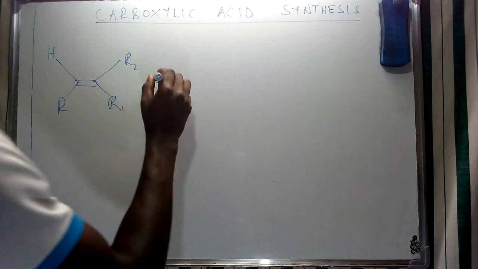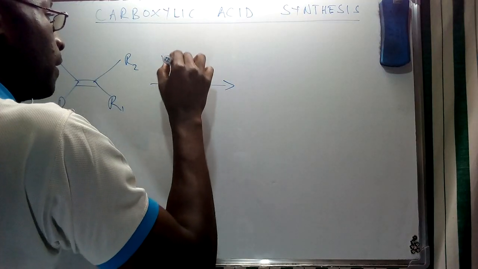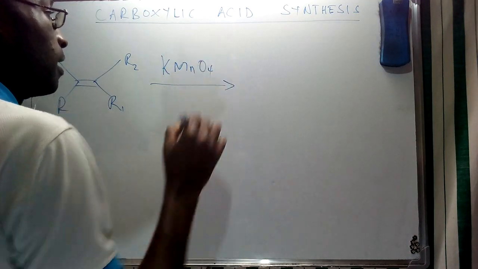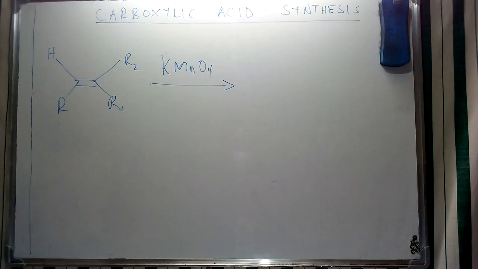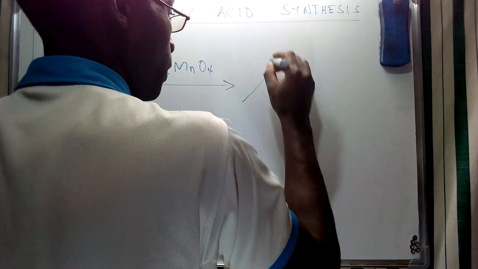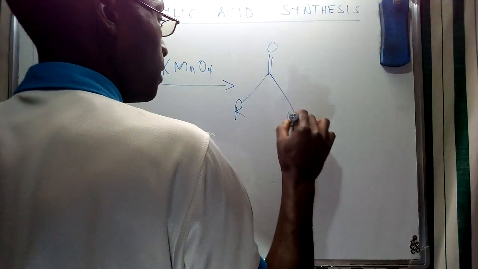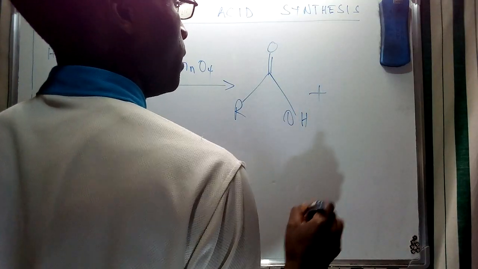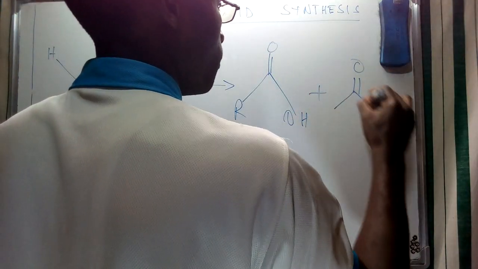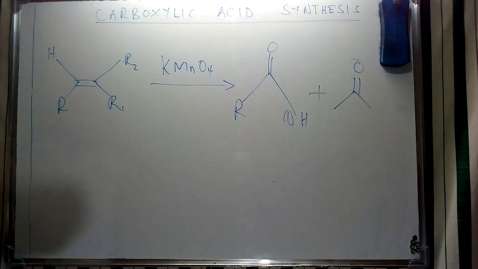We're going to use potassium permanganate in order to achieve that result, and this is going to result in the formation of two products, whereby we're going to have a carboxylic acid at this point, and then a ketone being formed at that point.